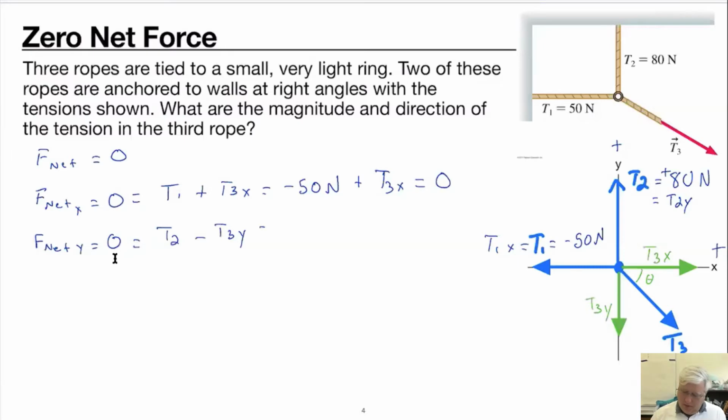And we know what T2 is. It's 80 newtons minus T3y. Okay, so now we found the net force in the x direction and the net force in the y direction. Now the next step was to simplify.